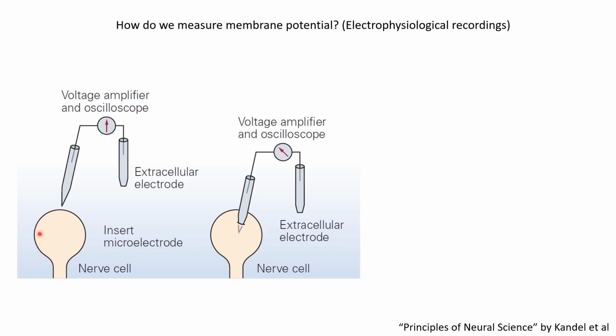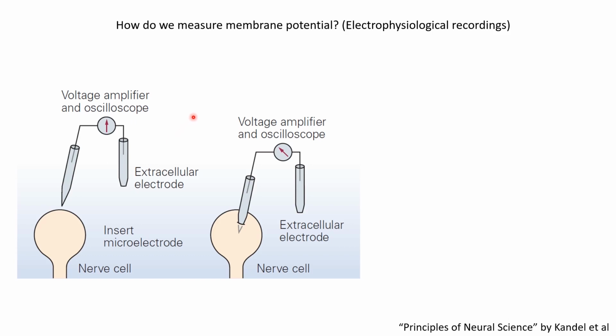Say you have a neuron and you have an electrode placed in the outside medium, the extracellular medium, and you have another electrode that can go inside the neuron, and then the reading that you get will tell you the potential difference read by the electrode inside relative to outside. And if the value is small, it can also be amplified, and then it can be stored in a computer or visualized on an oscilloscope.